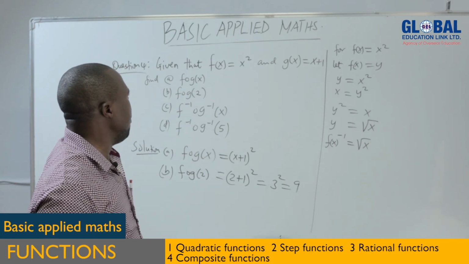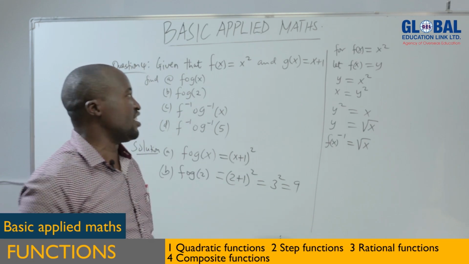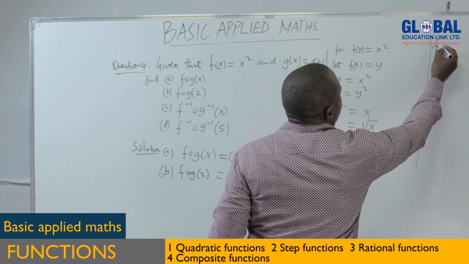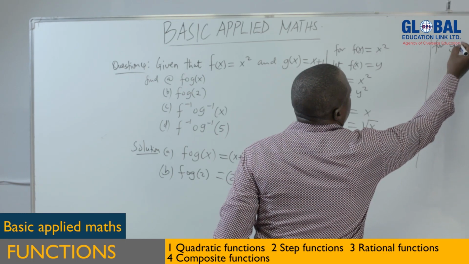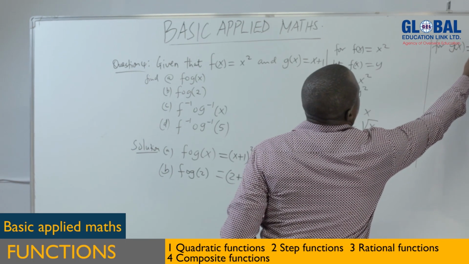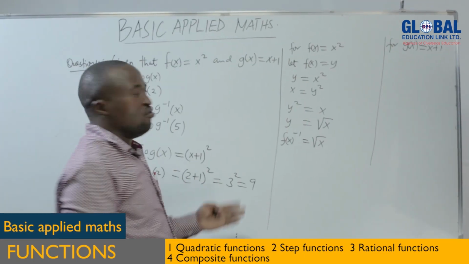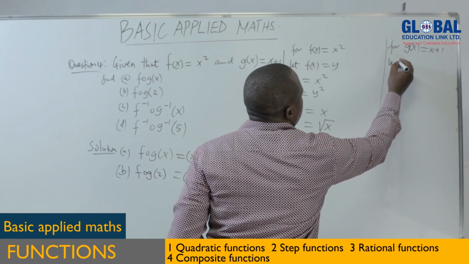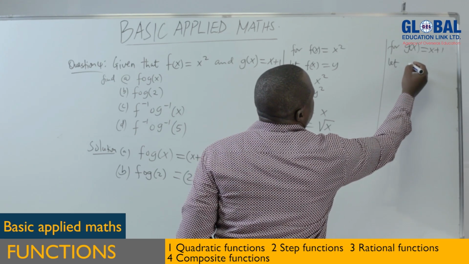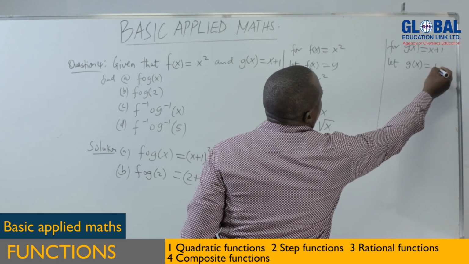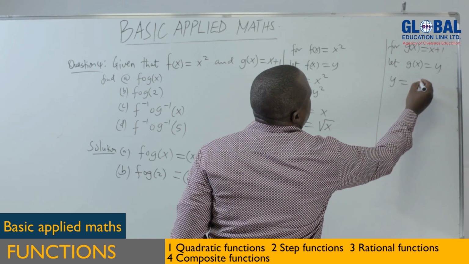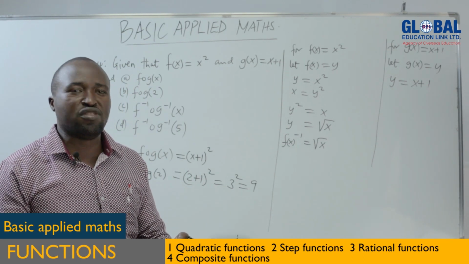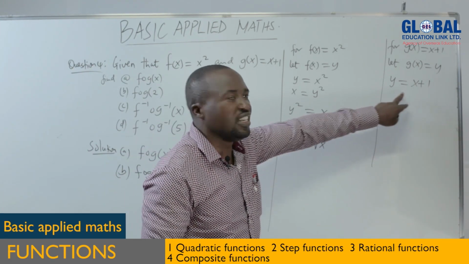Now let us proceed with g inverse of x. Remember, this time we have g of x, which is equal to x plus 1. We follow the same procedure. We let g of x be equal to y. That means y is equal to x plus 1. Again we exchange variables. We have two variables, y and x.